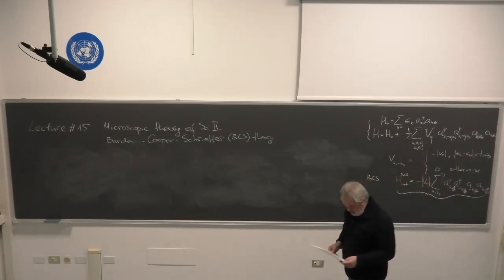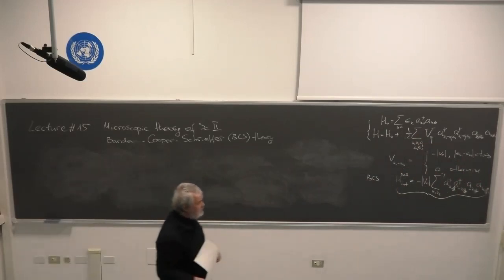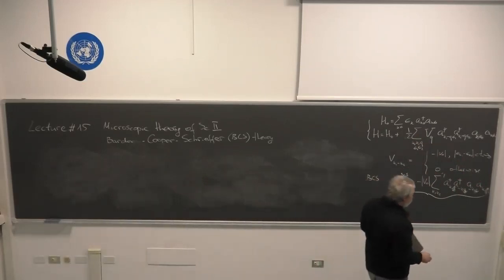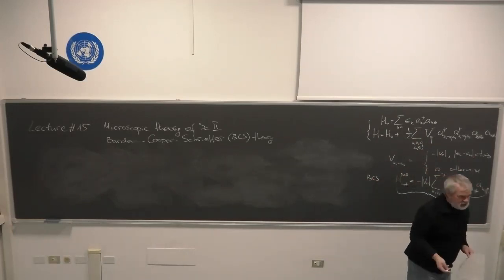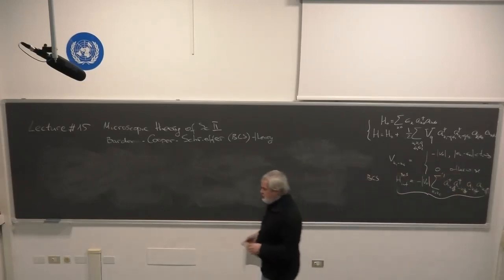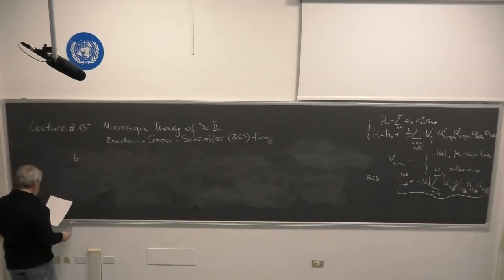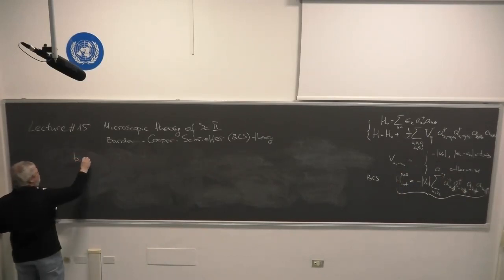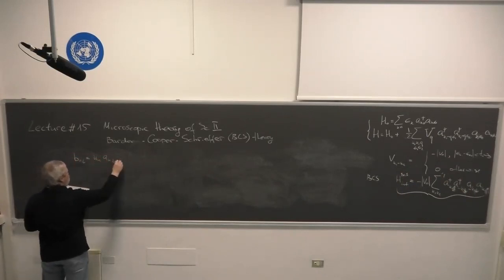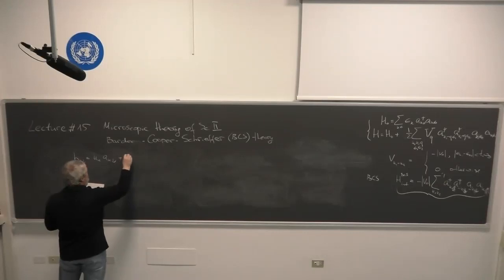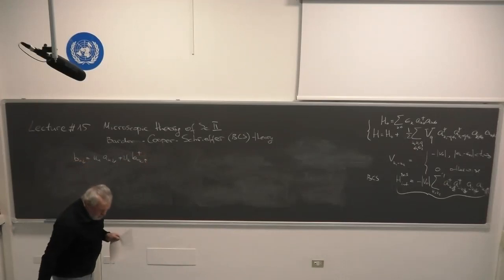Since I'm dealing with a singlet state, I need to mix the state with spin up and down and creation and annihilation operators. Therefore, I'm writing this mixture, the new quasi-particles: b k down is equal to u k a k down plus v k a minus k dagger up.